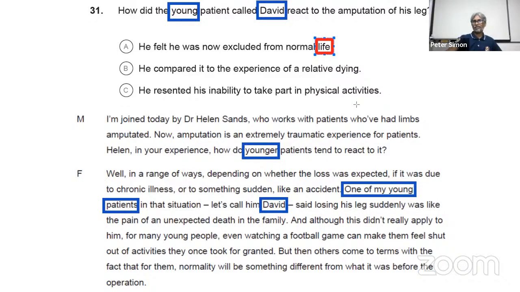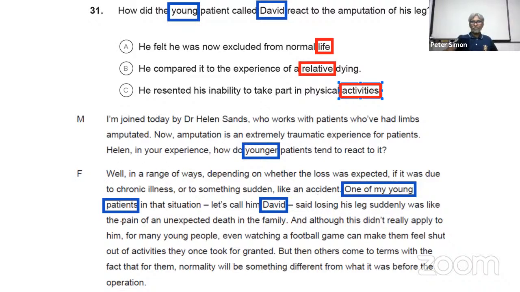Life, death, activities, or dying activities. First one is life, about himself. Second one is about others. Third one is about his activities.